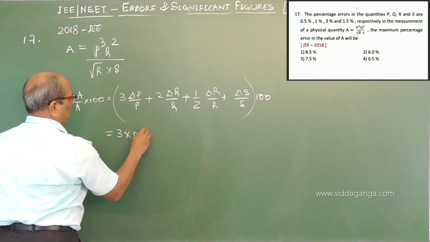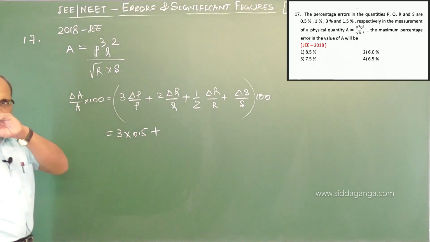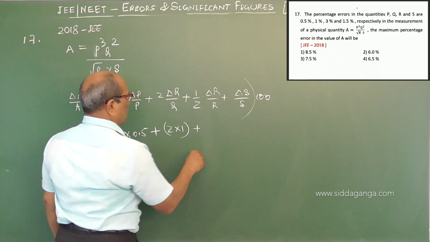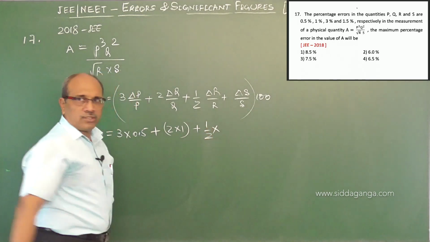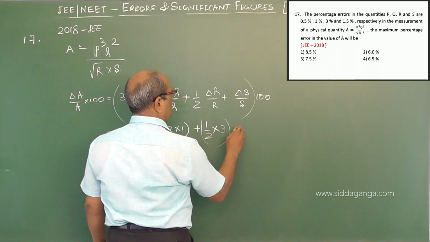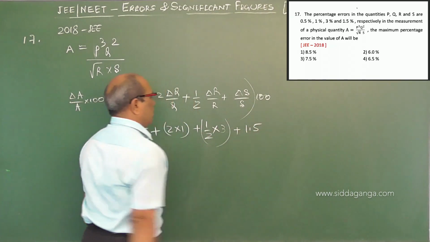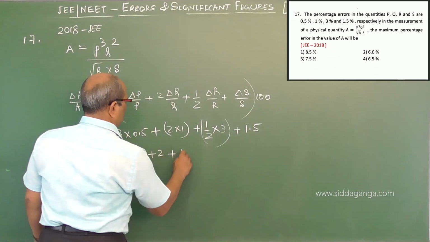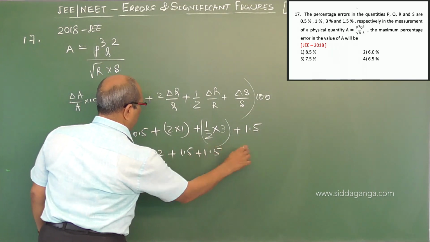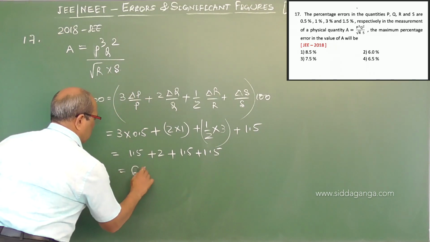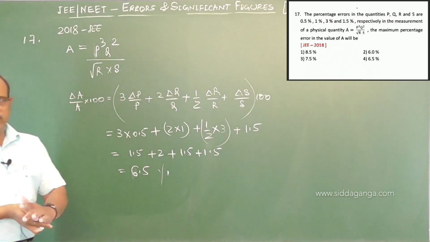3 times 0.5 for the first one, the second is 1%, 2 into 1, half into the third one, which is 3%, plus 0.5. That is 1.5 plus 2 plus 1.5 plus 0.5, which is equal to 5.5... the total comes to 6.5%.